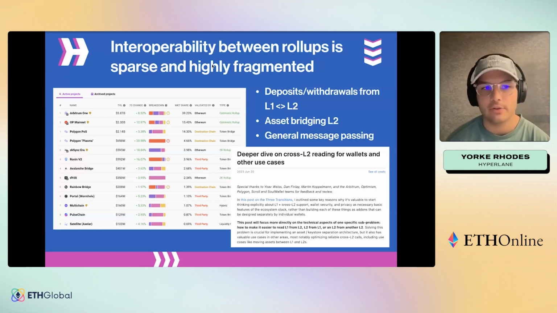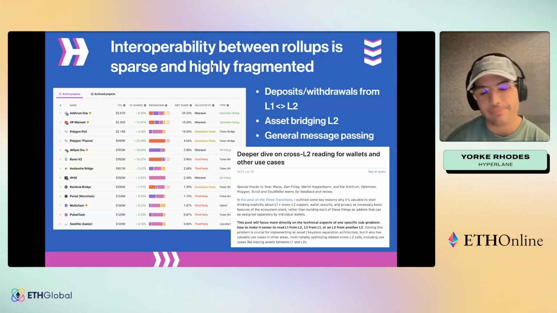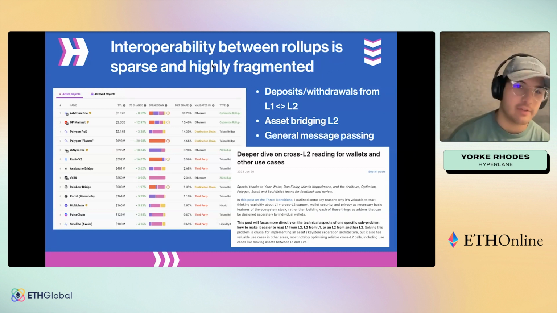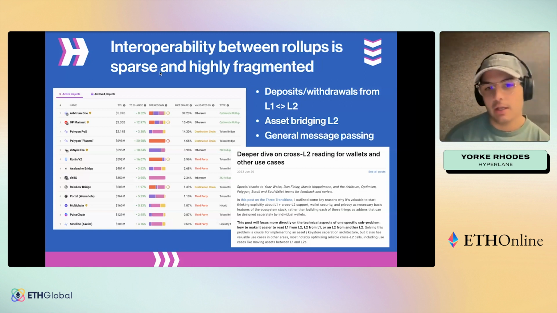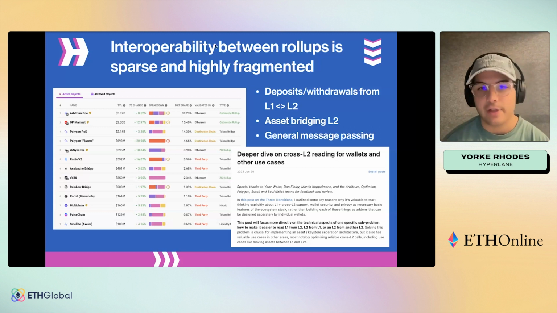If you want to go between L2s, that's going to be a different bridging interface. If you want to do general message passing, so not just depositing or withdrawing tokens, but passing some richer information, that's going to look like a different interface for most of these frameworks. So basically, we don't have standards around any of this stuff, and it's a problem.